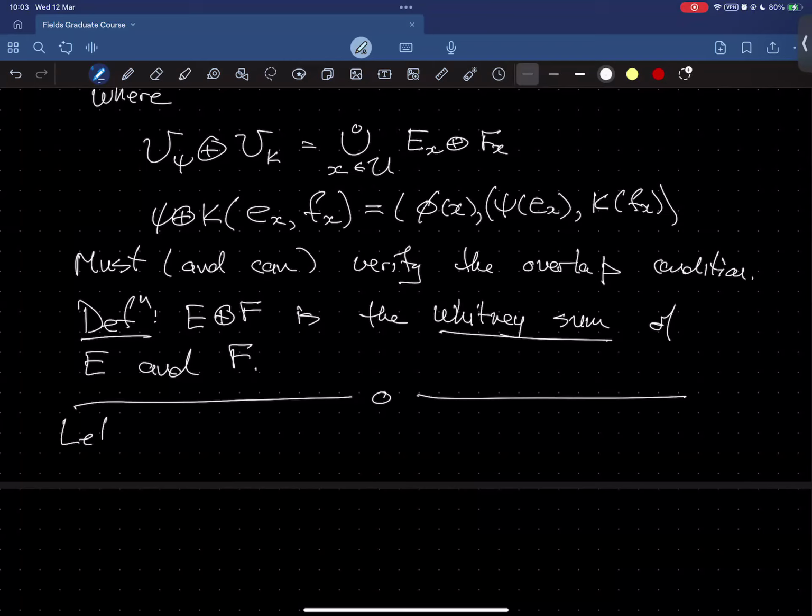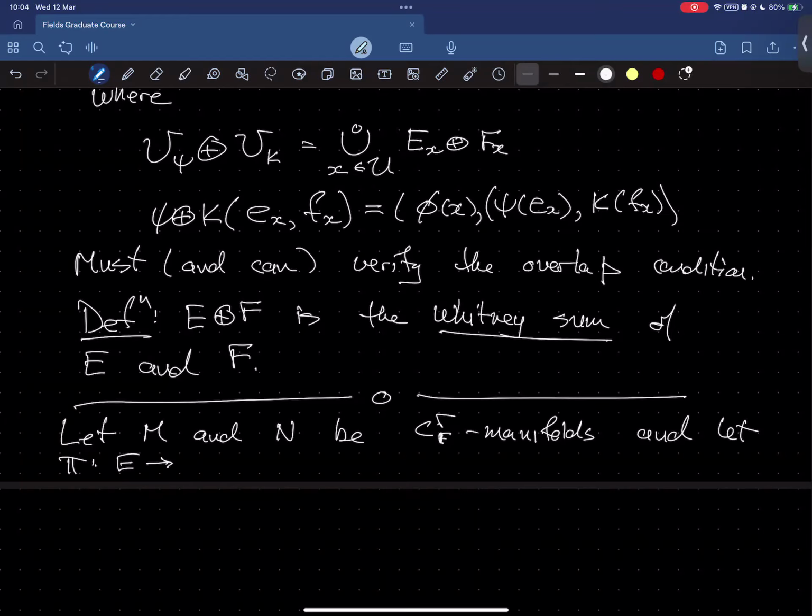Let M and N be manifolds, and we have a vector bundle E over N here.